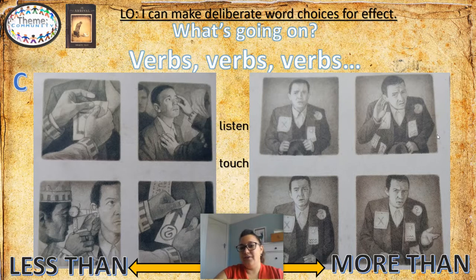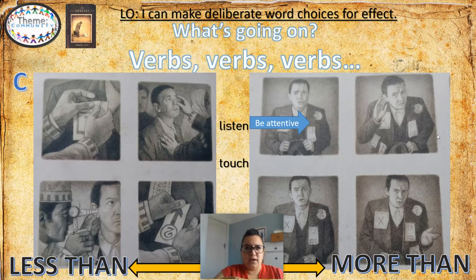Ooh, just two this time. Listen and touch. You may have come up with some other verbs, and that would be absolutely fine for you to explore some more than and less than words. Let's have a look at these. Listen, more than a listen, being attentive.